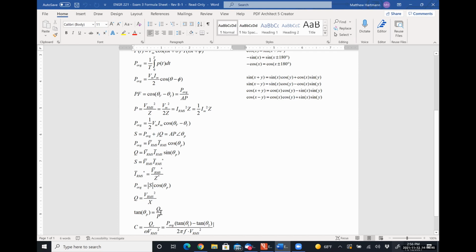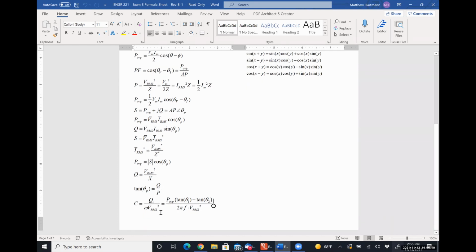Reactance is the imaginary portion of the impedance. The power factor angle can be found by taking the arctangent of the reactive power over the average power, which is definitely true, but not a way that we talked about it in class. You would just use the inverse cosine of the power factor angle.